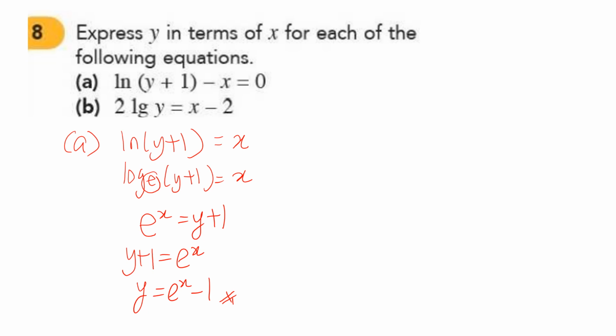Alright, let's look at 8b. You can just divide by 2 on both sides to get log y equals to x over 2 minus 2 over 2, which gives you 1.